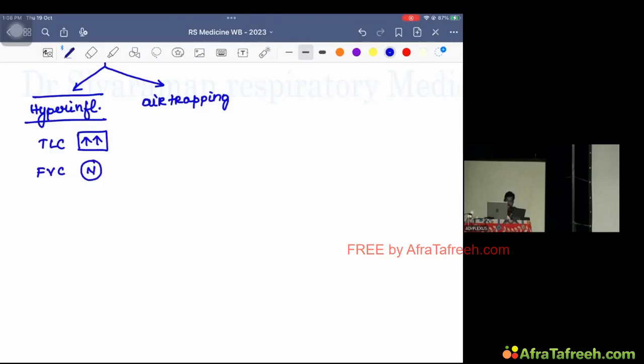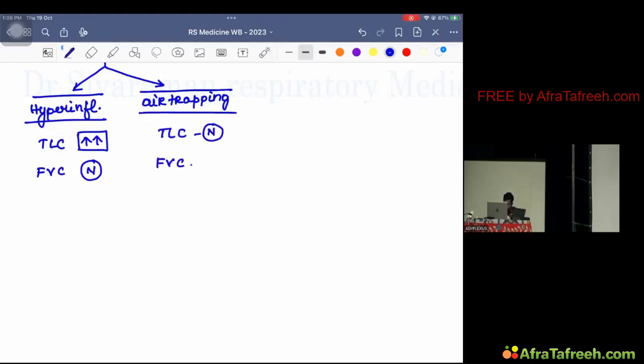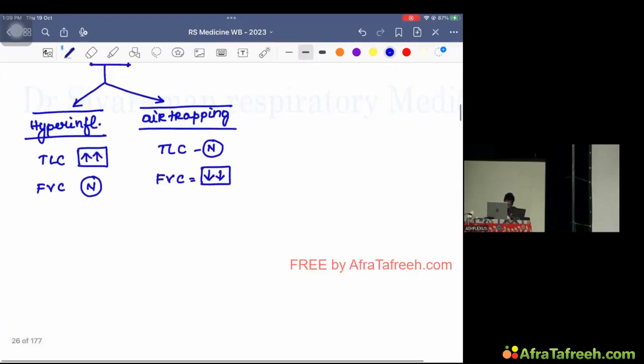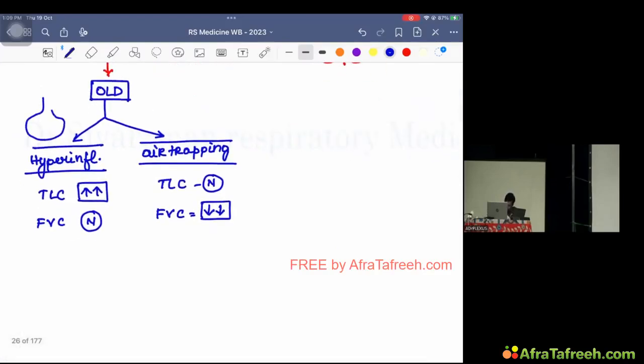These are variants of what we generally discussed. Next is air trapping. In air trapping, TLC is going to be normal, FRC is going to be decreased. What they mean is hyperinflation is your alveoli becoming bigger.